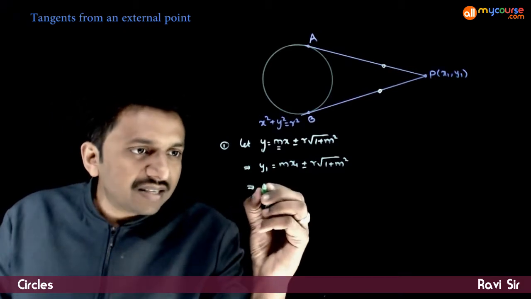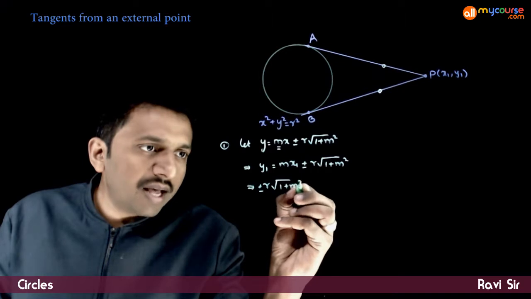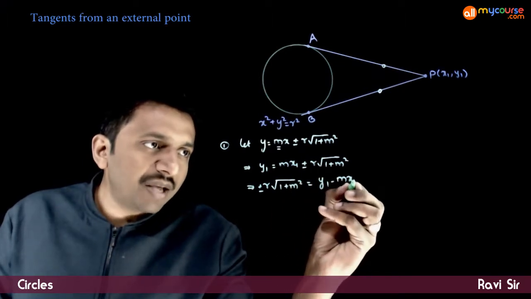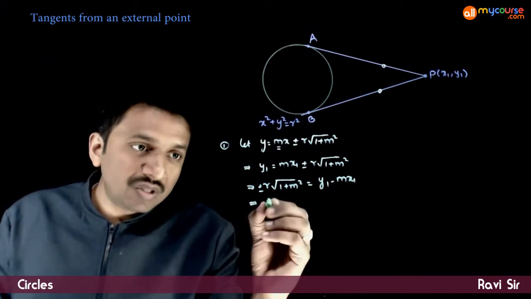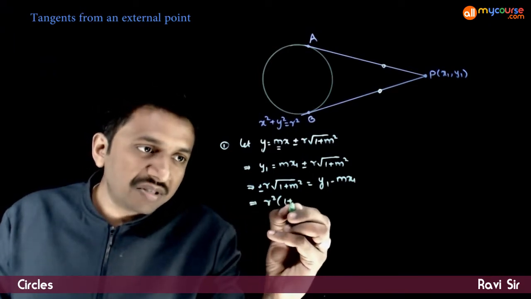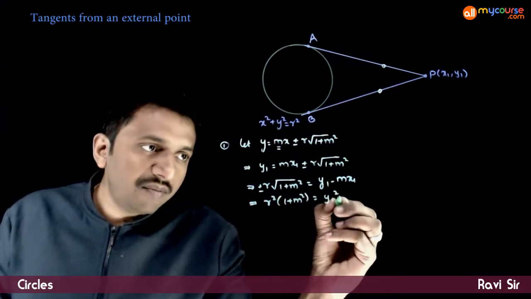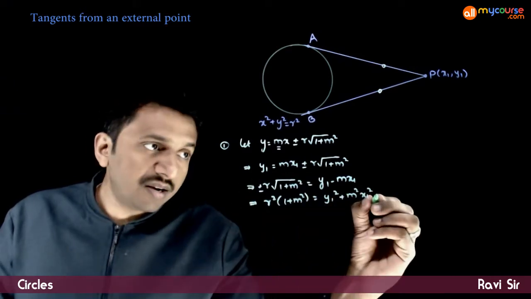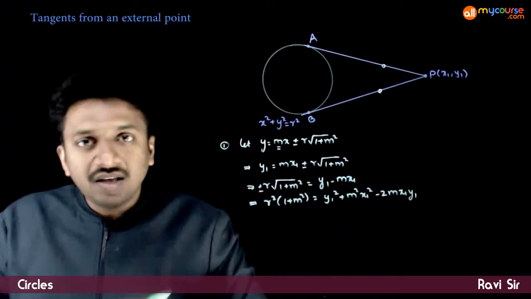This implies ±r√(1 + m²) = y1 − mx1. If you square both sides, you get r²(1 + m²) = y1² + m²x1² − 2mx1y1.